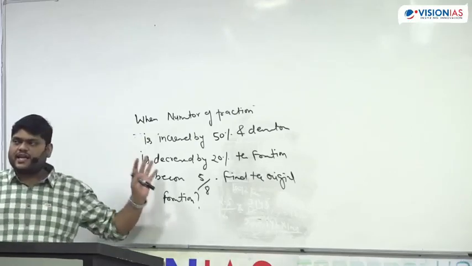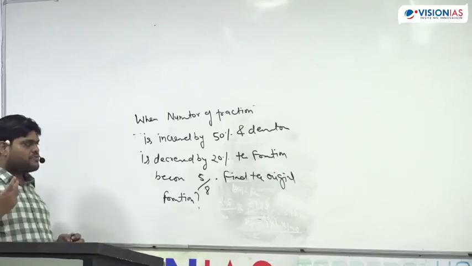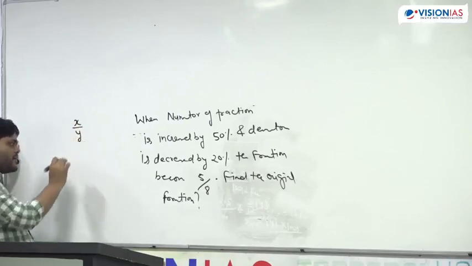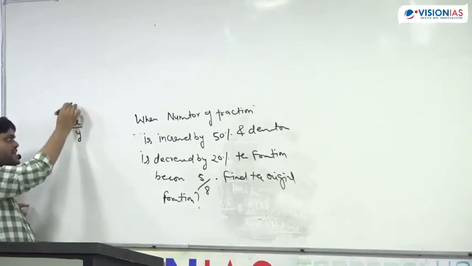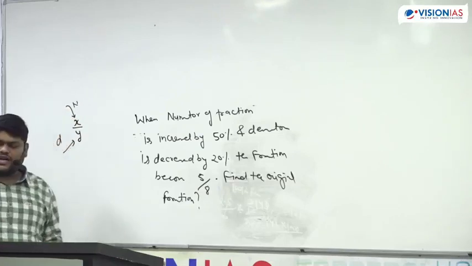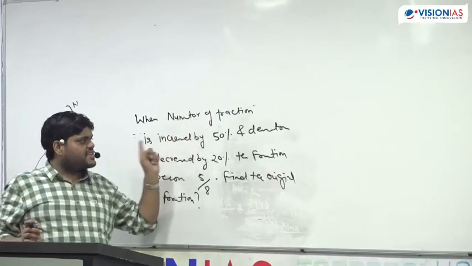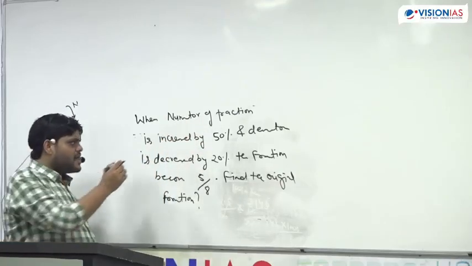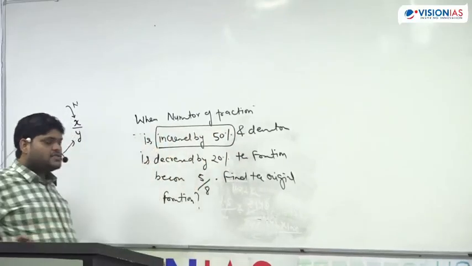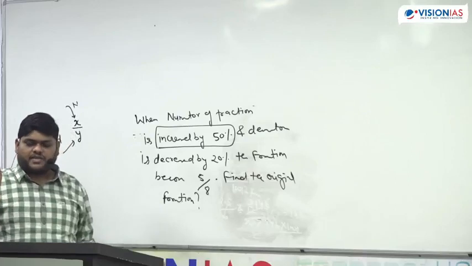When the numerator of a fraction is increased by 50%. When we talk about the fraction, let's take the fraction as x upon y. This is called the numerator and this is called the denominator. Now read the question very properly. When the numerator of a fraction is increased by 50%. If you remember yesterday's class, I told you anything in itself is always 100%.